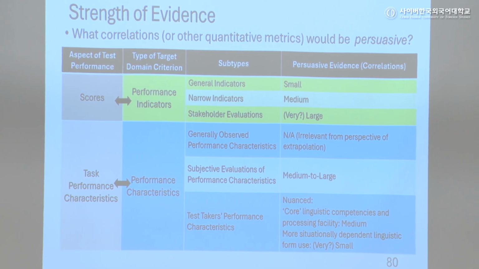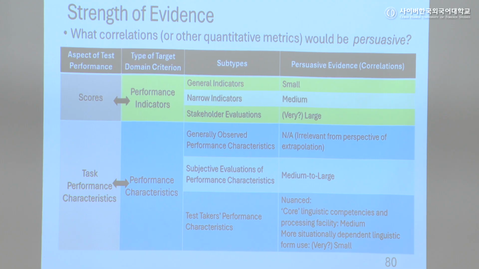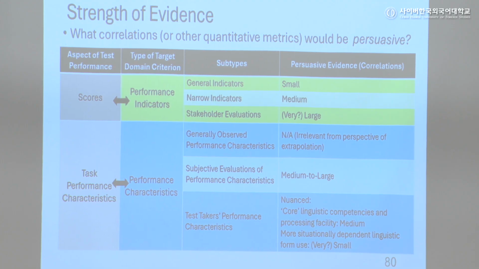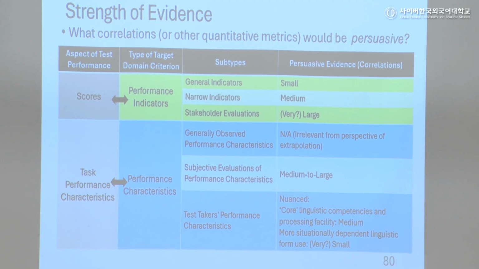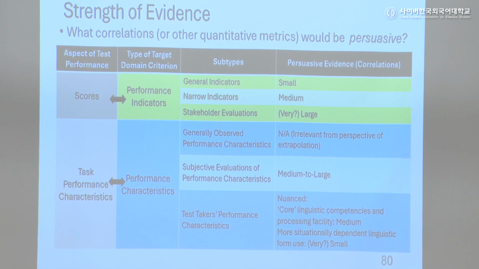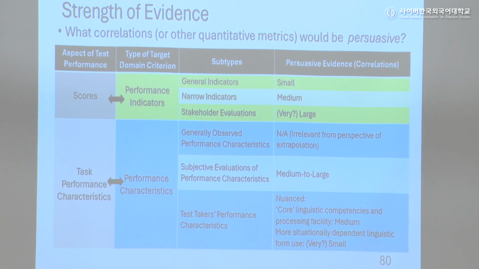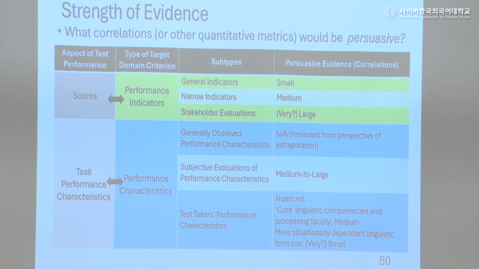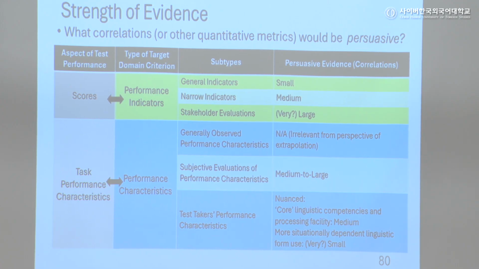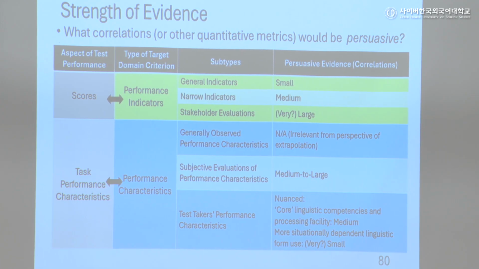If we're looking at narrower indicators like performance on specific language-intensive tasks in a target domain, we might expect medium correlations. And then if we're looking at stakeholder evaluations of language performance, like would this person be able to handle the language-related duties at your work, we should expect those to be pretty high, right? We've seen that in a couple of these stakeholder evaluation studies.